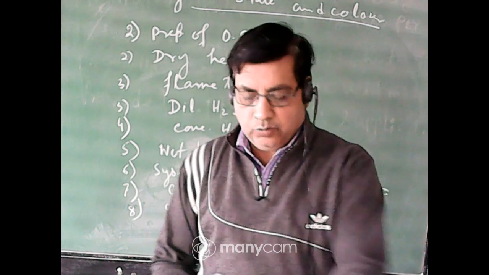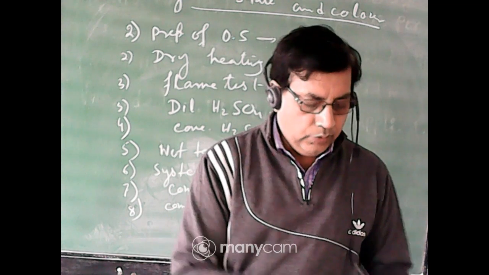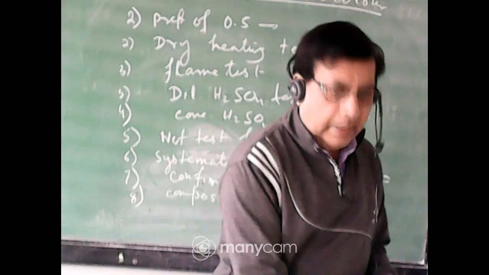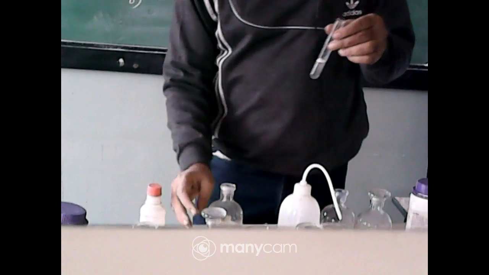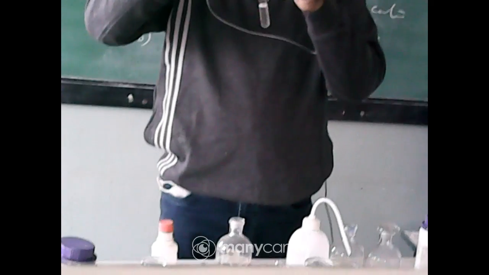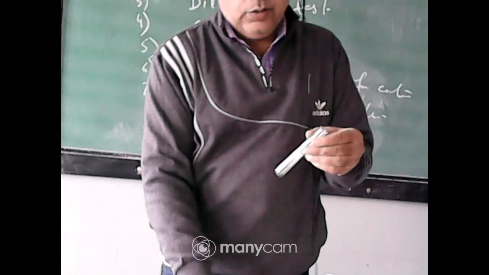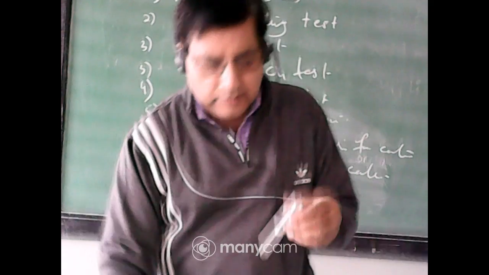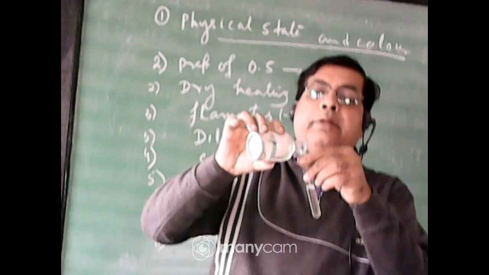Now let's do the last group, group 6. You take the original solution, add ammonium chloride. Then you add ammonium hydroxide, then you add disodium hydrogen phosphate.